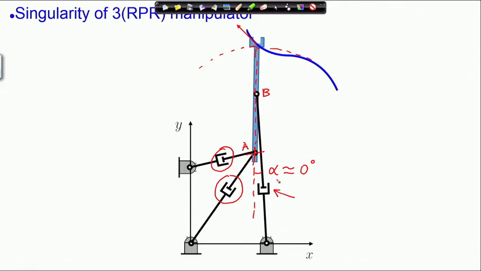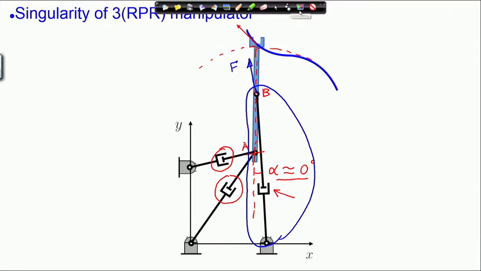However, when alpha becomes 0, this part, this leg of the manipulator, remember it can only apply force along the actuator. This leg of the manipulator can apply force only along the actuator.